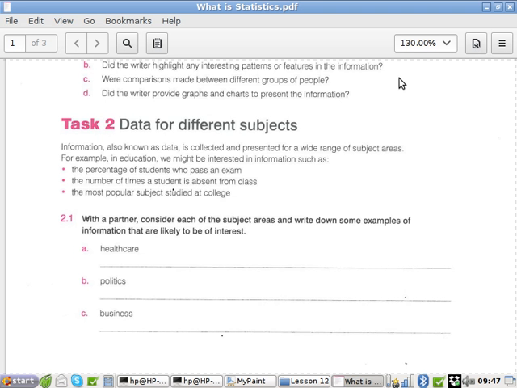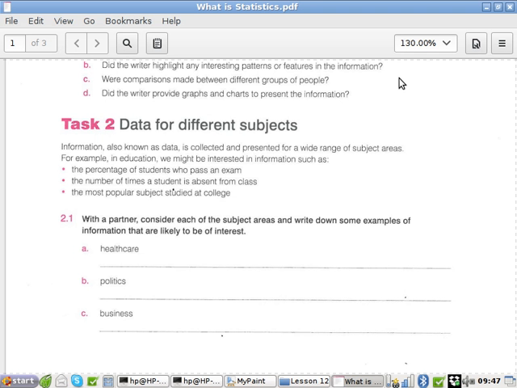What did you have for politics? T-A-S? T-A-X, maybe? Tax. T-A-X, yeah. Pension, yeah. So, how much tax, how much pension, anything else? Number of politicians. Number of politicians, yeah.